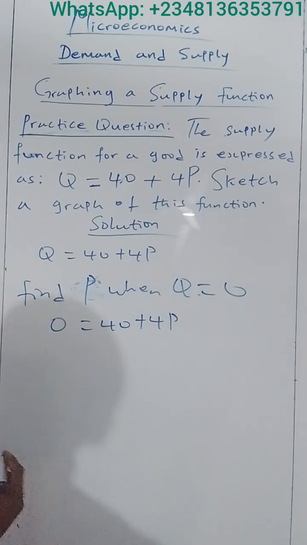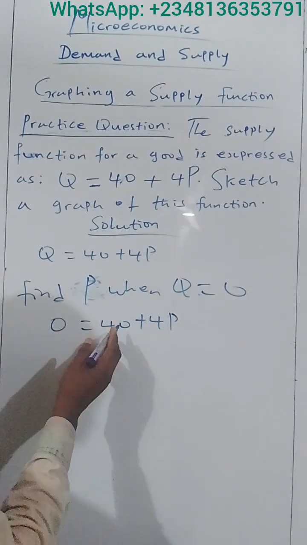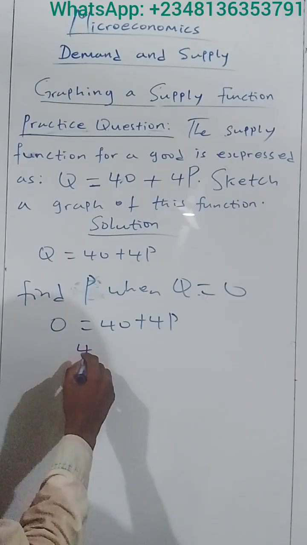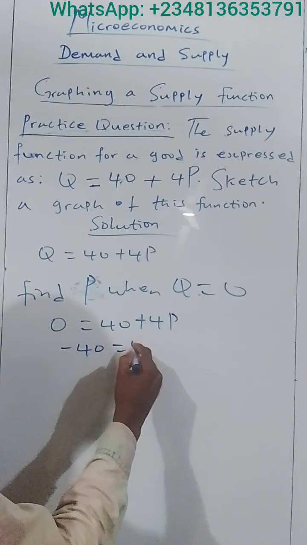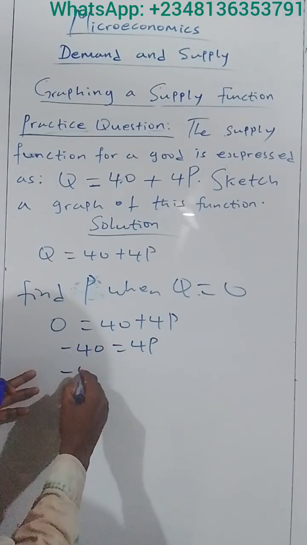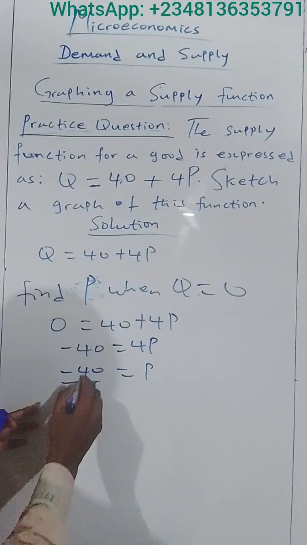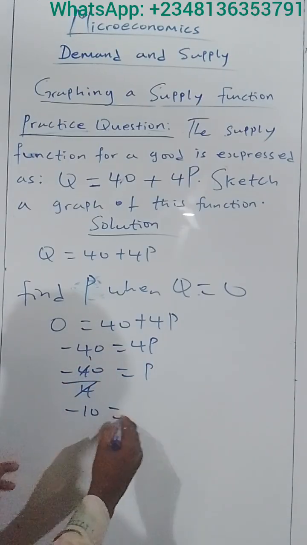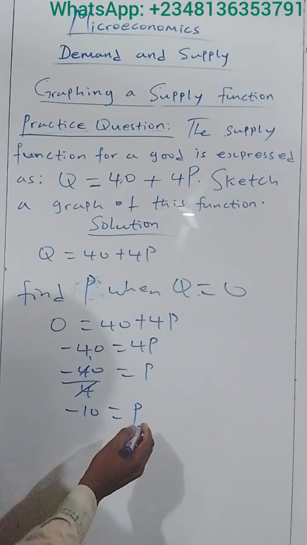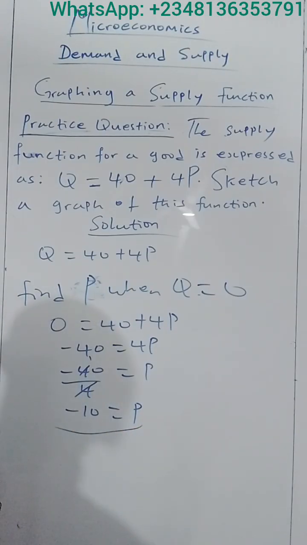So I want to make p the subject of the formula. So I take this 40 here. So I have minus 40 equals 4p. Then I have minus 40 over 4 equals p. Then I have minus 10 equals p. So minus 10 here represents our supply choke price.